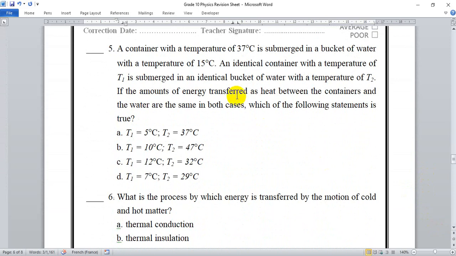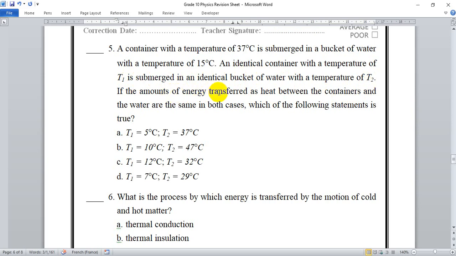Number 5. A container with a temperature of 37 degrees Celsius is submerged in a bucket of water with a temperature of 15 degrees Celsius. An identical container with a temperature T1 is submerged in an identical bucket of water with a temperature T2.